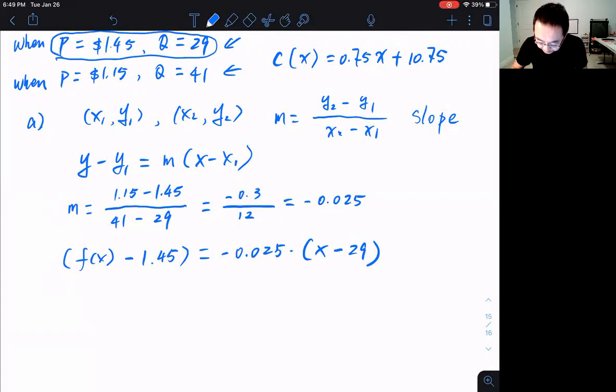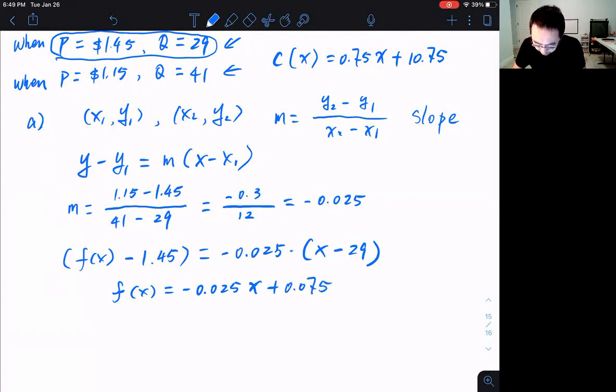Now if you clean this up, then this equals f of x equals negative 0.025x plus negative 0.025 times 29, which gives you 0.075.